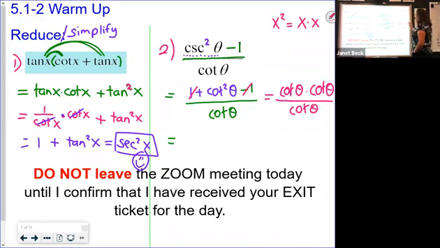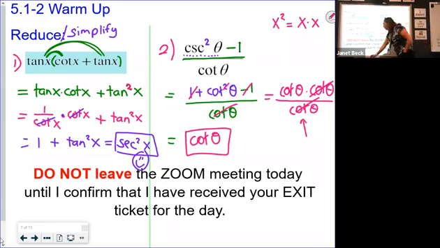Okay, so this cancels that. Another way to show your work is to say, I know I've got cot squared there, that's cot times cot. You could just write it like that. Definitely simplified right down. This little piece of work here was optional.